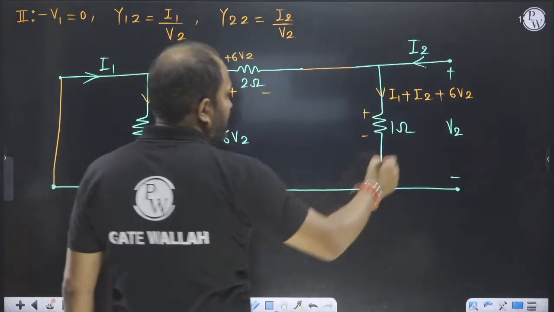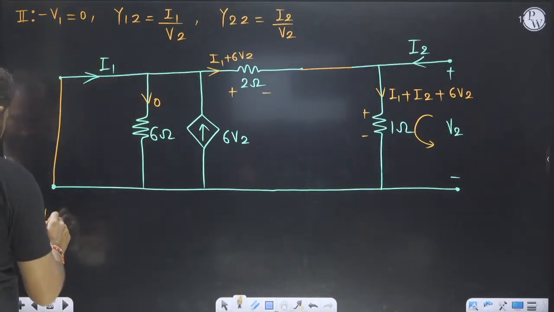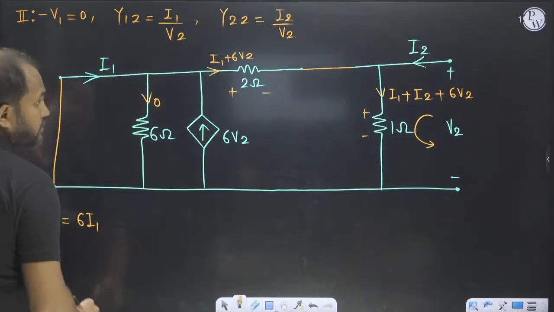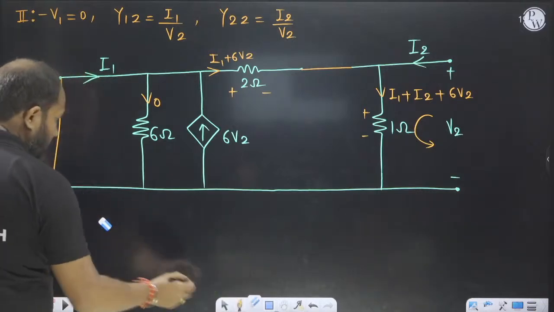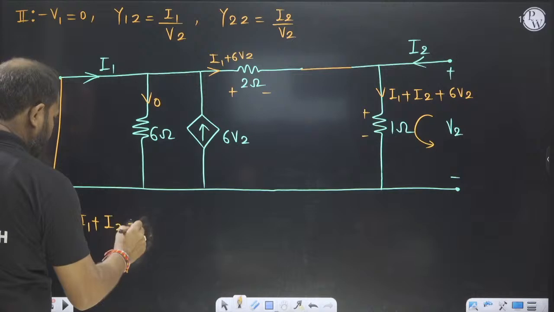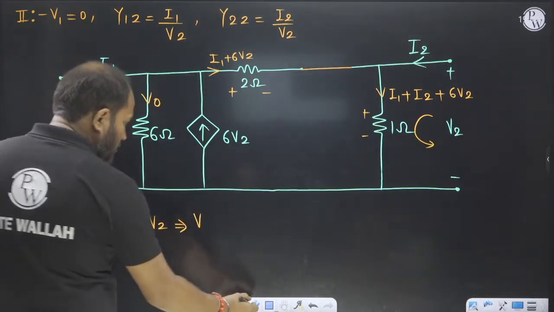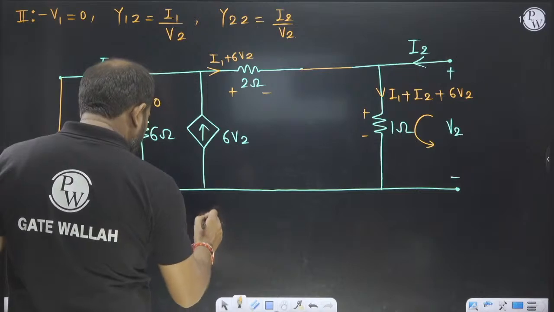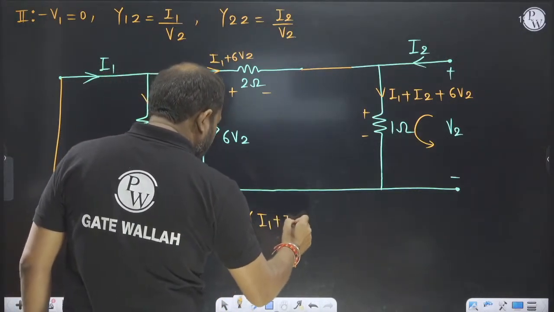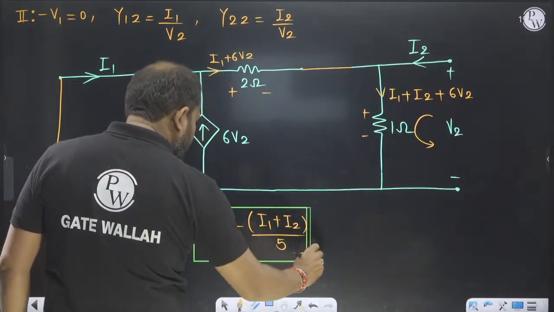You can apply KVL here. So we have V2 is equal to I1 plus I2 plus 6V2. So V2 is equal to minus (I1 plus I2) divided by 5. We have equation 1.